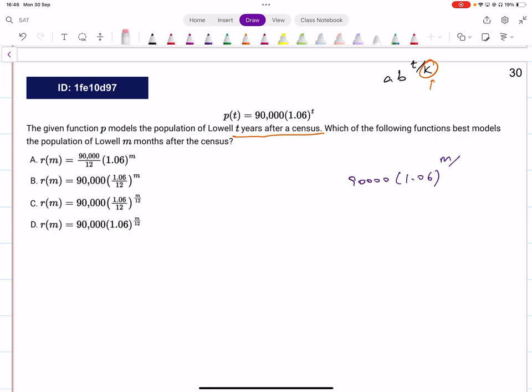After how many months does the population increase by this factor? 12 months. So this is m over 12. And that is option D. Is that okay? We did this in exponential functions. Okay, that was question number 30.